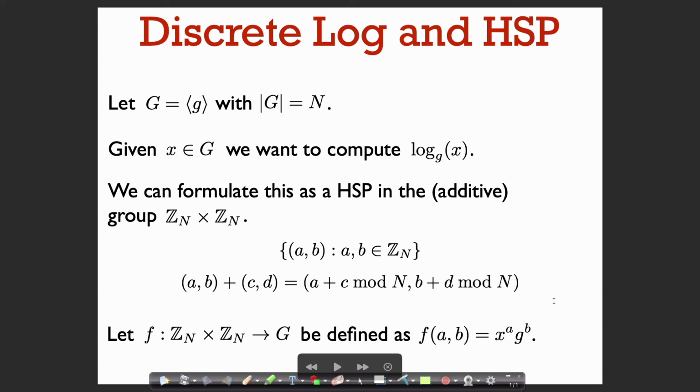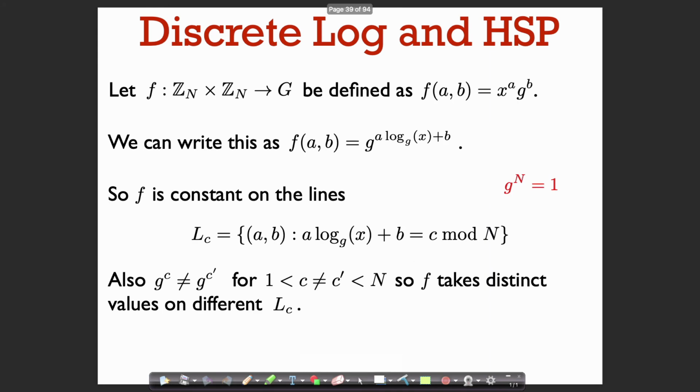So let's take a look at where f is constant. First of all, I'm just going to make a common base here. x to the power a, I can write that as g to the a times log base g of x.